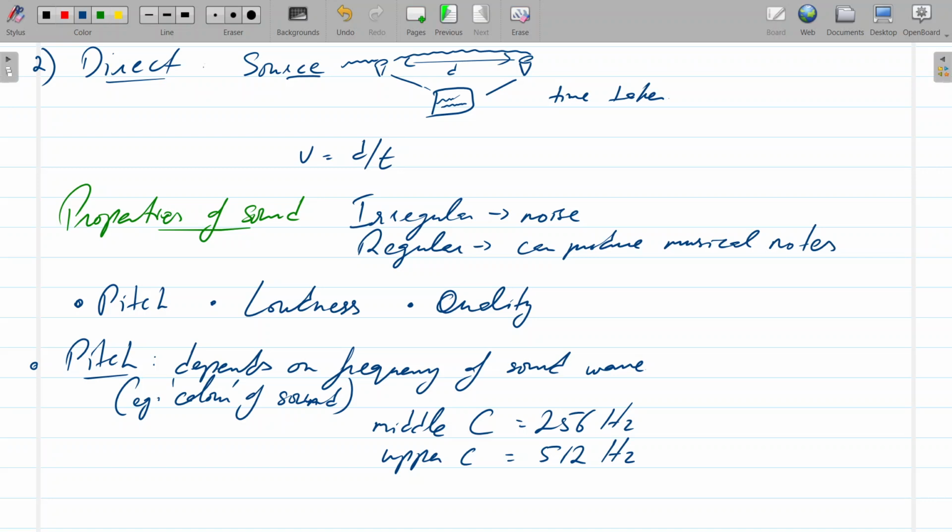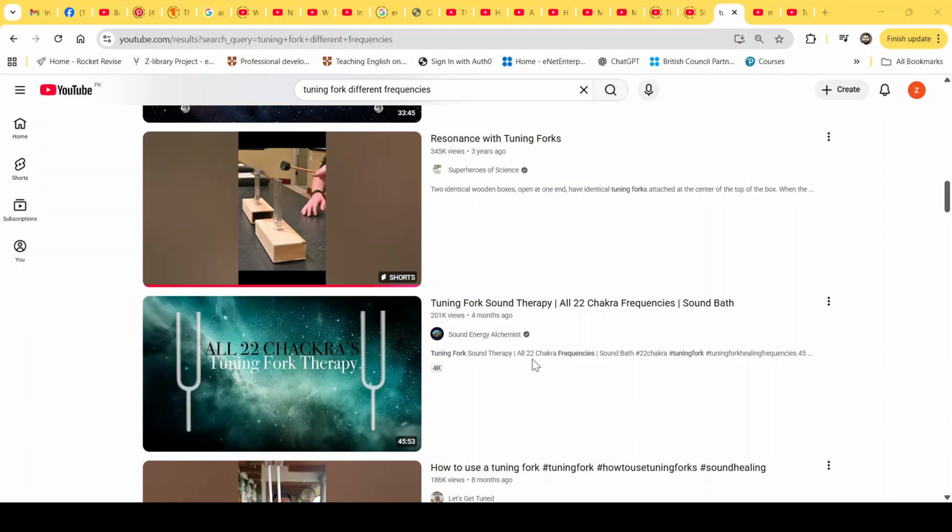That can be adjusted to a certain frequency. So let me share a video of a tuning fork that I pulled up earlier. Hopefully, it works. Let me put that on screen.